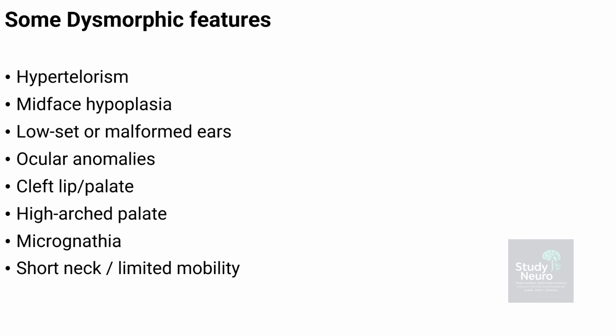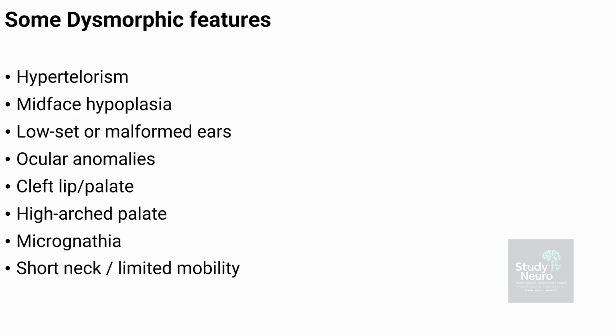During the general inspection, particular attention should be paid to dysmorphic features, as these may point toward an underlying syndromic cause of congenital hydrocephalus. Facial assessment may reveal hypertelorism, reflecting abnormal craniofacial development, or mid-face hypoplasia, which can contribute to airway and feeding difficulties.